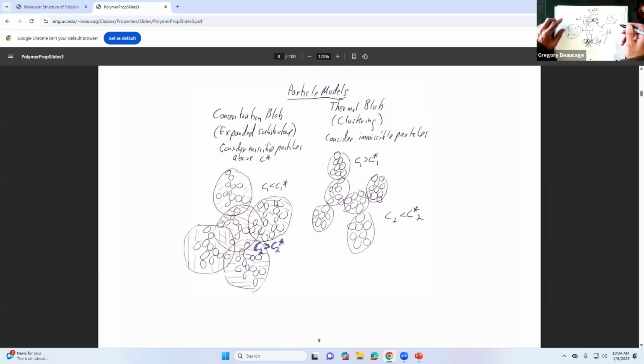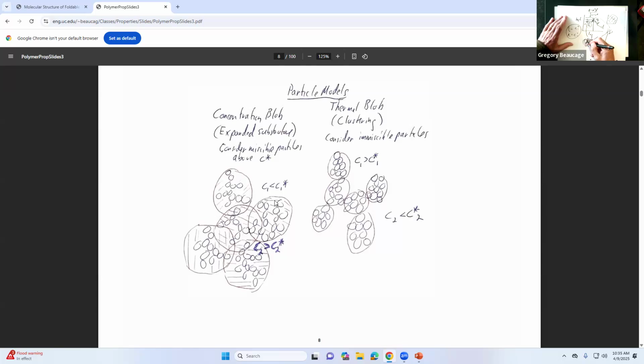So to measure that, you would use neutron scattering, and then tag one of the chains with a different color.